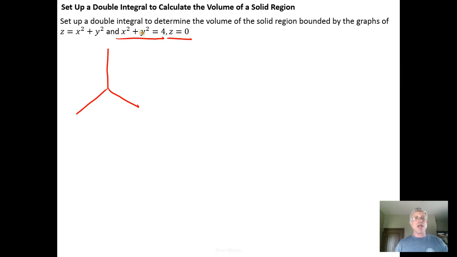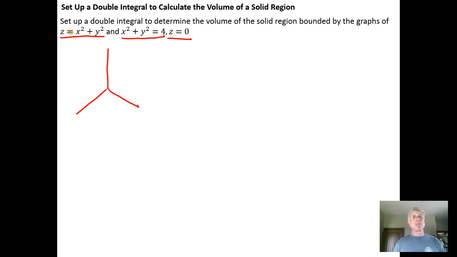And x squared plus y squared equals 4 is going to be a cylinder of radius 2 that also has symmetry with respect to the z-axis. So we're going to be able to use symmetry to calculate this volume. That's the first thing that we want to recognize. And z equals 0 is just the xy plane, so we want the volume above the xy plane.